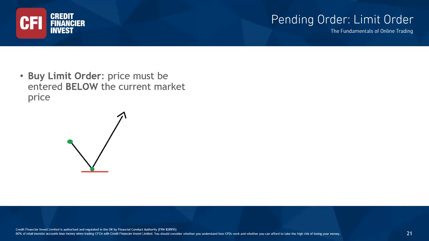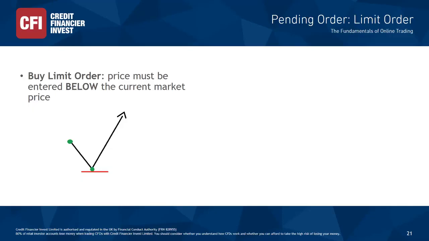You believe that in a downtrend the market will continue in this direction, but after reaching a certain price, let's say $90, it will reverse and go up. So you simply place your buy limit order at $90.